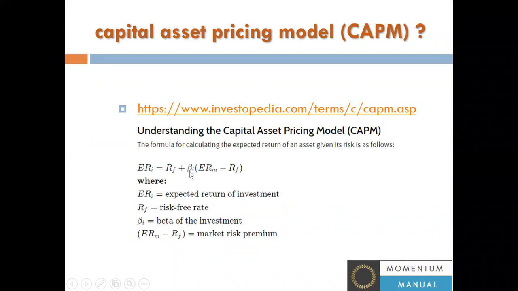And then you have something called beta into the market return minus risk-free rate. That particular term, RM minus RF, is the market rate minus risk-free rate, or market expected returns. So what are the market expected returns? Typically like a benchmark, right?